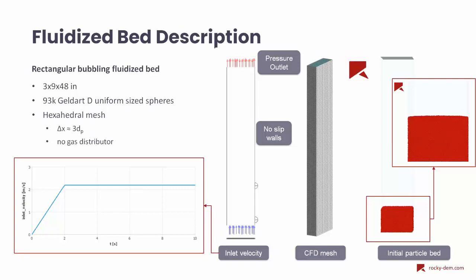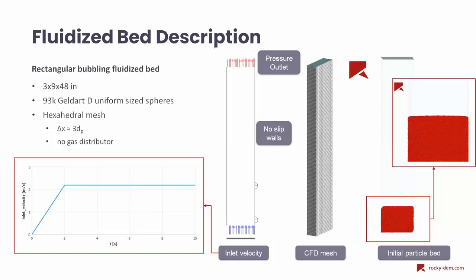And that's important because one of the things behind this coupling approach is that particle size should not be a lot bigger than the mesh size. As you can see here, in order to make it simple, we are not modeling the gas distributor, so we will assume a constant inlet velocity at the bottom.